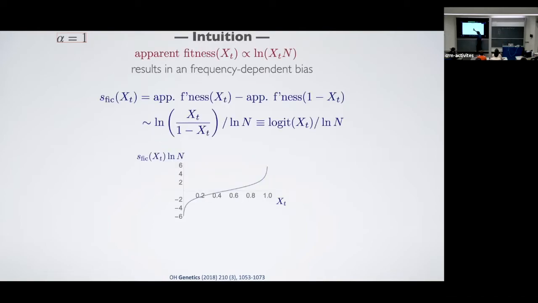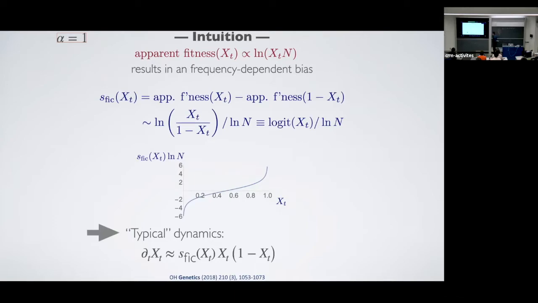You find that this apparent, we call it also fictitious, selective difference is proportional to the logit and scales like the inverse of log n, which is the natural time scale, the coalescence time scale for the Bolthausen-Sznitman coalescent. And here you have a graph of that bias.